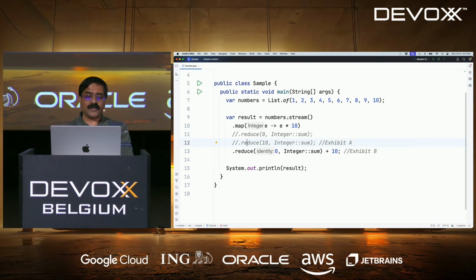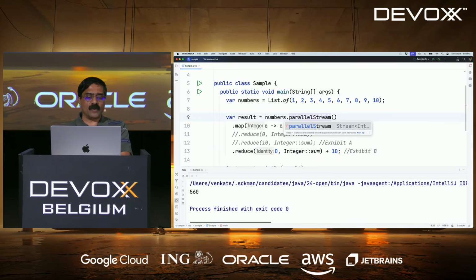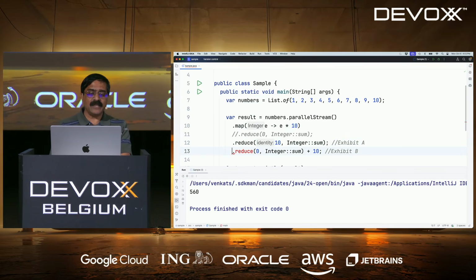So what does that mean? When you go back to this, let's take this one here, where you're adding 10 to the end, right? So I convert this to a parallel stream and run the code. It's 560, right? Not a problem, which is what you were expecting as well. However, if you take this one instead of the other one and run the code, the result is 650, right?